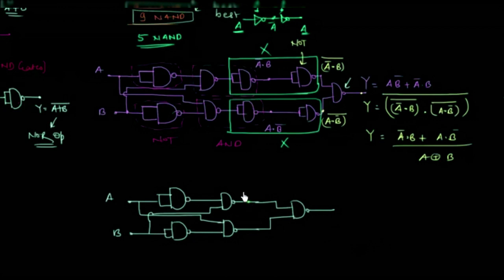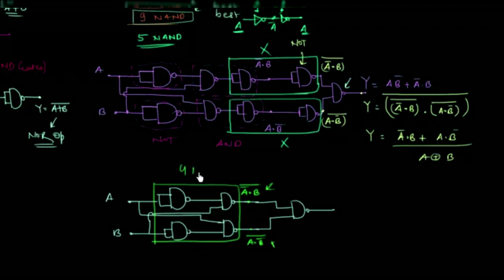At this point we have A complement and B and its whole complement, and at this point we have A and B complement and its whole complement. We are getting this too by using 4 NAND gates, but we have to obtain these results by using 3 NAND gates.